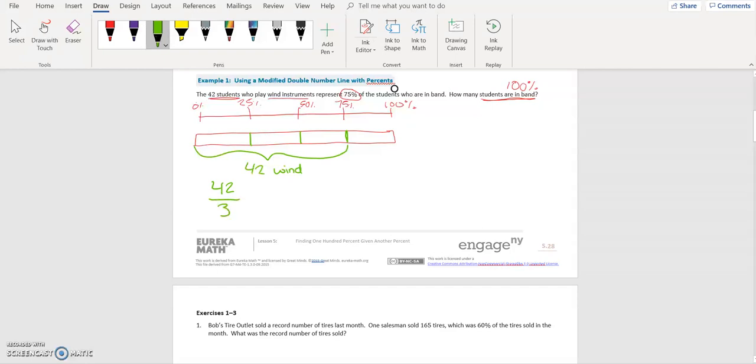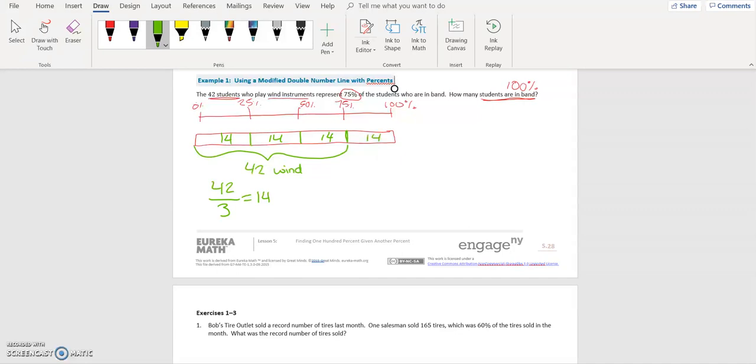Okay. So we can see how much for each little section that we broke it up into. And so 42 divided by 3 gives me 14. So 14 in each, okay, meaning there's going to be 14 here as well.